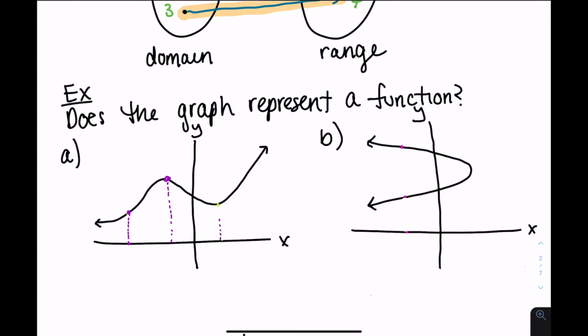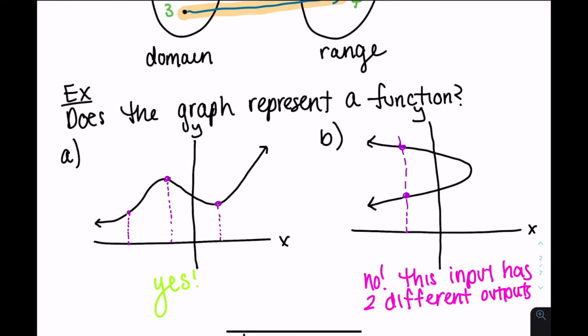So each one of these inputs has a single output. So this one, yes, it's a function. If I look over here though, if I pick this x value, it's going to hit our graph in 2 different y locations. So this single x value has 2 y outputs. So no, this is not a function.